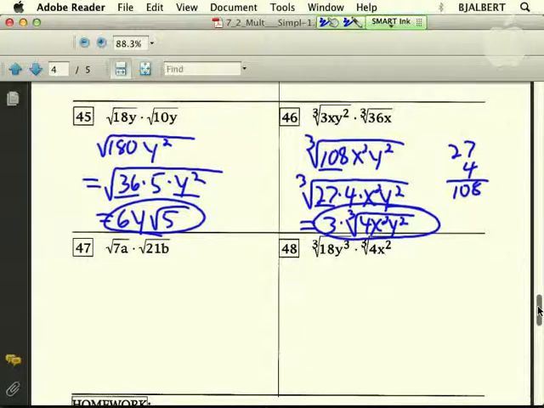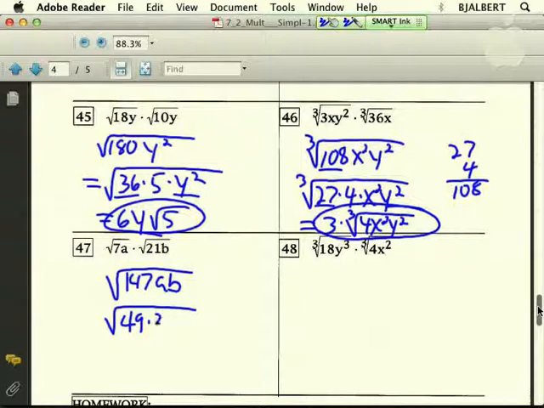Number 47 is the square root of 140, let's see, 7 times 21 is 147, ab. And the biggest square that goes into 147 is 49.